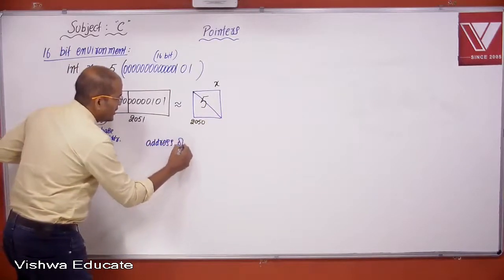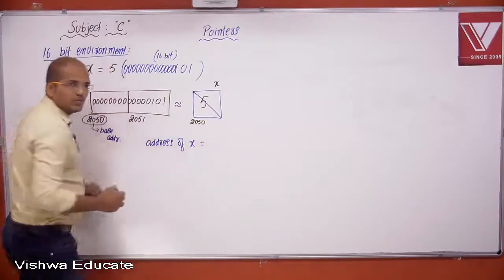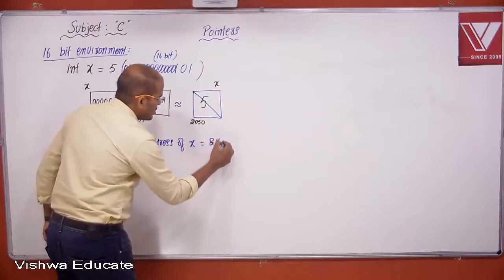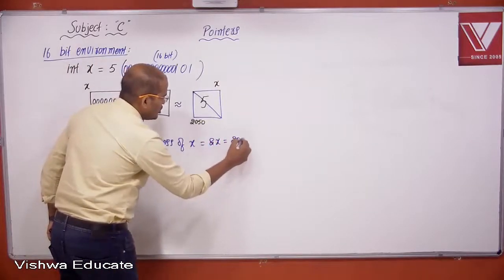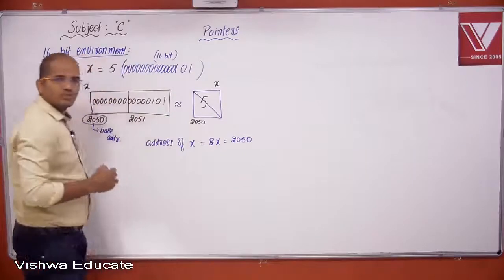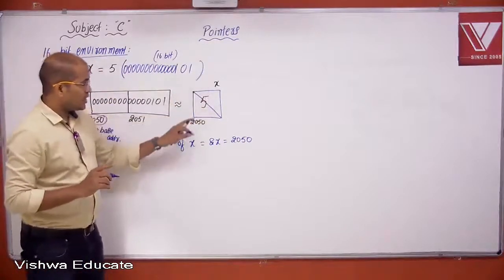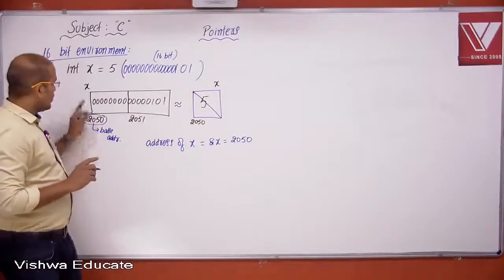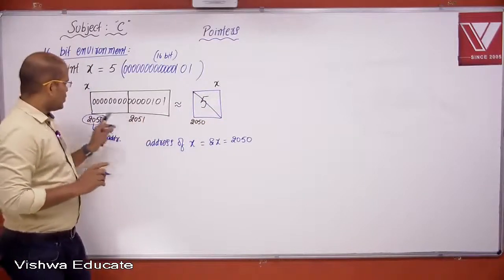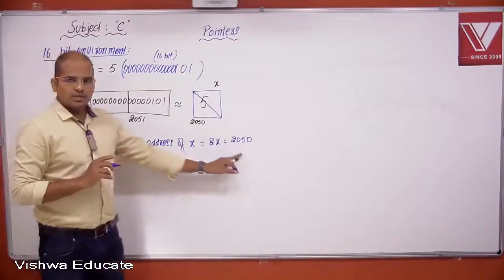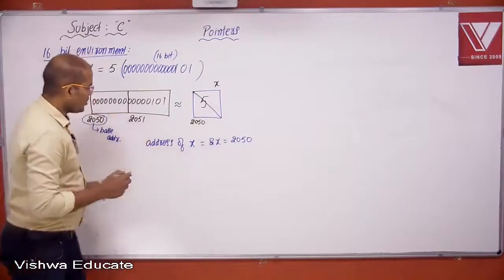What is the address of x? The address of x is 2050. I always refer to the address of x with respect to its base address. Though x has 2 bytes, 2050 and 2051, we always refer to the address with the base location only.